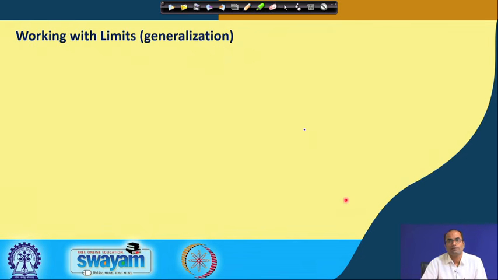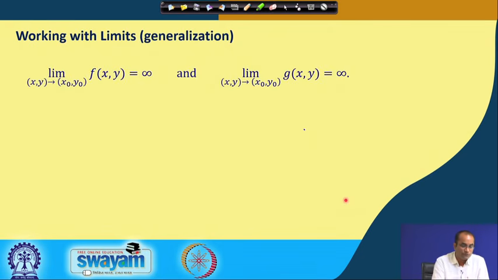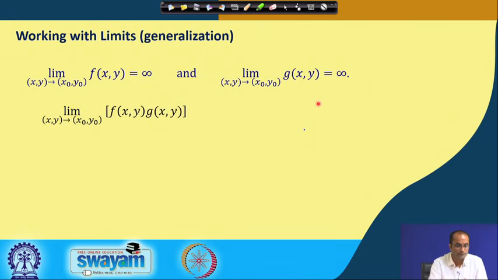Some more generalization of these working rules: we can also work when we have infinities. If the limit of f(x,y) as (x,y) goes to (x0,y0) is infinity, and the limit of g(x,y) as (x,y) goes to (x0,y0) is also infinity, in that case we can compute the limit of the product of these two functions f(x,y) g(x,y) as (x,y) goes to (x0,y0). So infinity, and here also plus infinity times plus infinity.